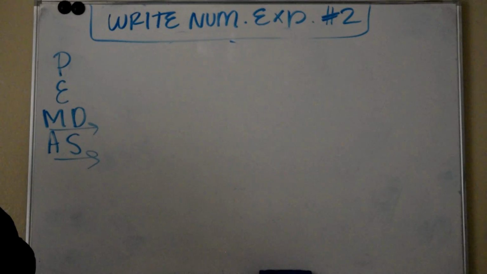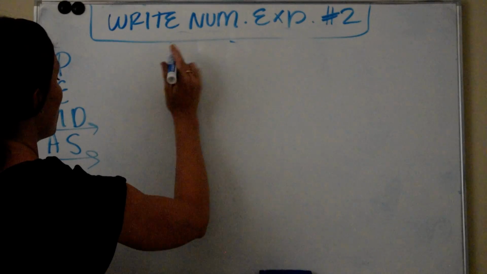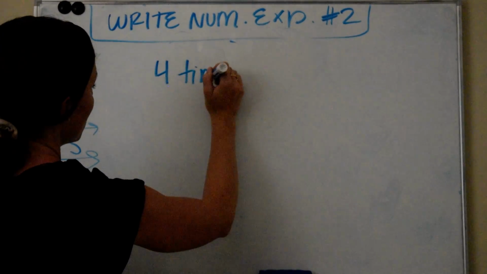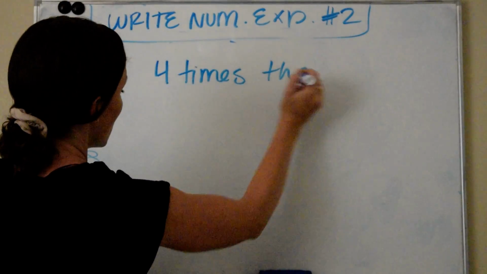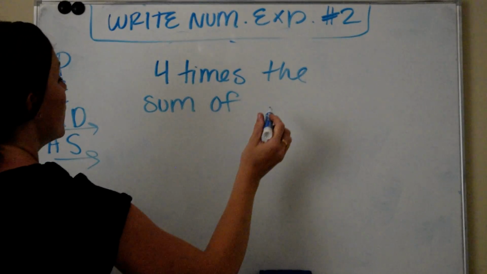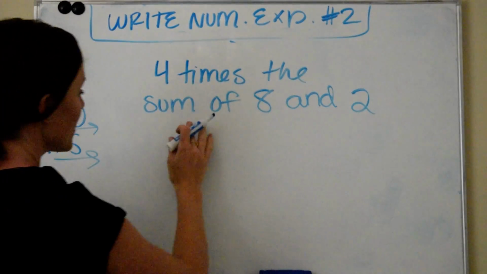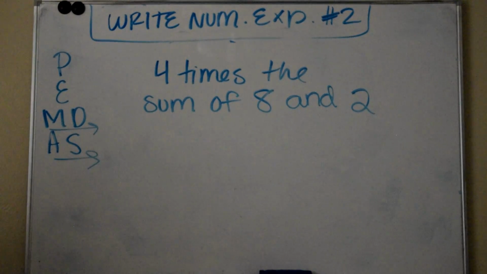What if we had 4 times the sum of 8 and 2. Okay, I'm going to start this way first because I don't have this as an example yet. Okay, 4 times.